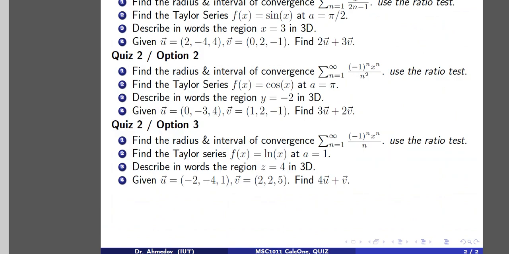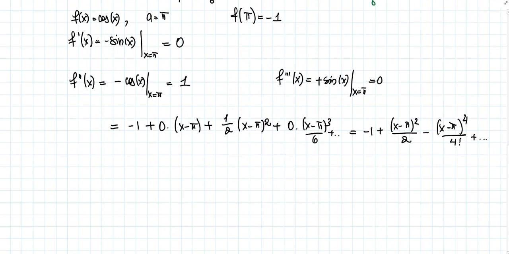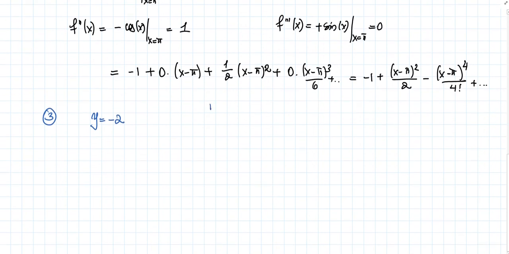So question number 3, we need to describe in 3D what is the graph of the equation y is equal to minus 2. Okay? So yesterday we talked about the graphs and the points in 3D. We need to figure out an object in this 3-dimensional space so that all the points on this object are going to have the y coordinates equal to minus 2, right?